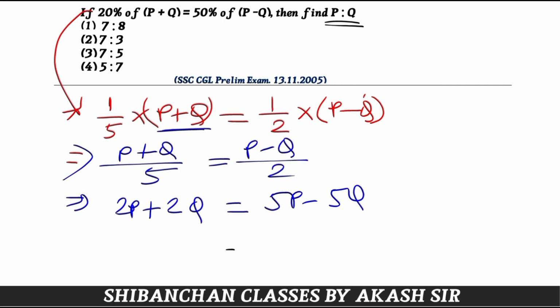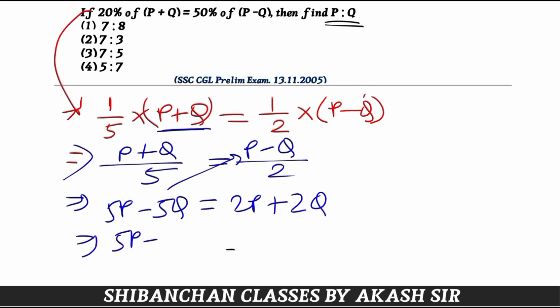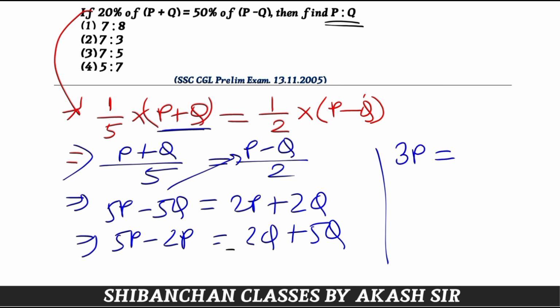Then 5P minus 2P equals 2Q plus 5Q. We get 3P equals 7Q.